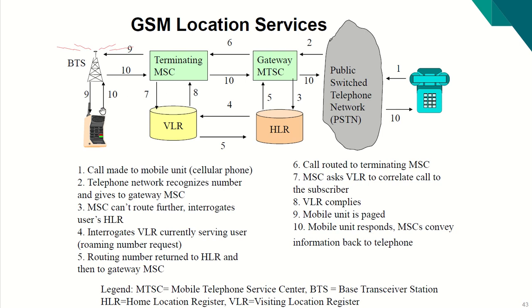So let's look again. The cell phone is giving data out for the uplink, and the uplink transmits the data back, and it goes all the way back to PSTN, and the PSTN gets it back to the original caller.